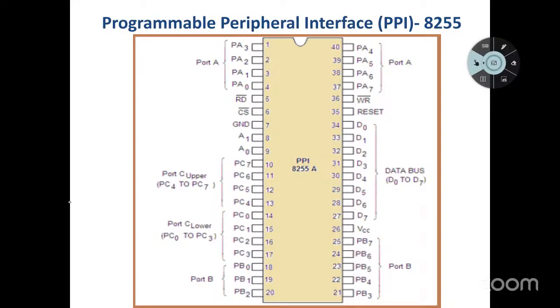This one is the reset pin; I told you earlier in the microcontroller how reset works here. If you reset, all functions will terminate. Okay, next is VCC. A0 and A1 are for the selection lines, address selection lines, port selection lines.